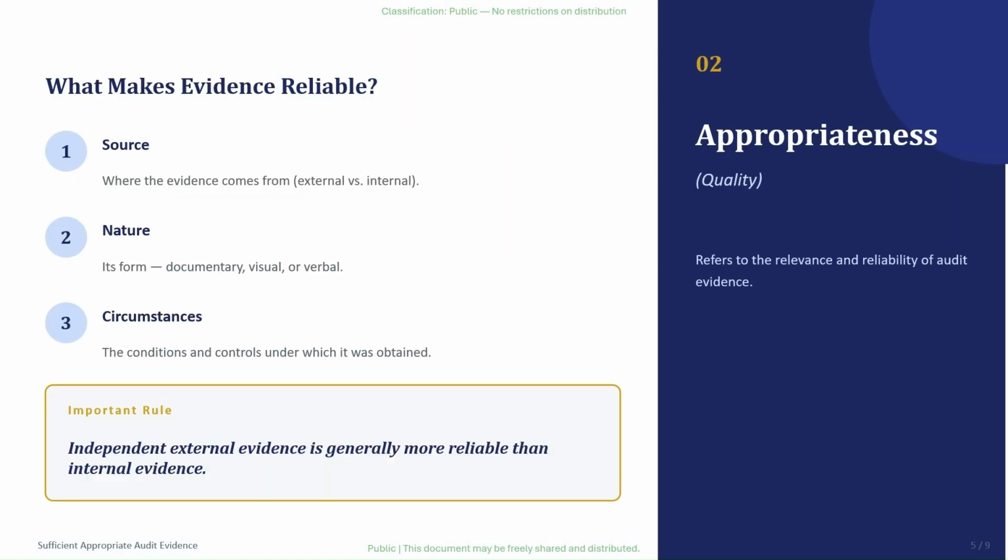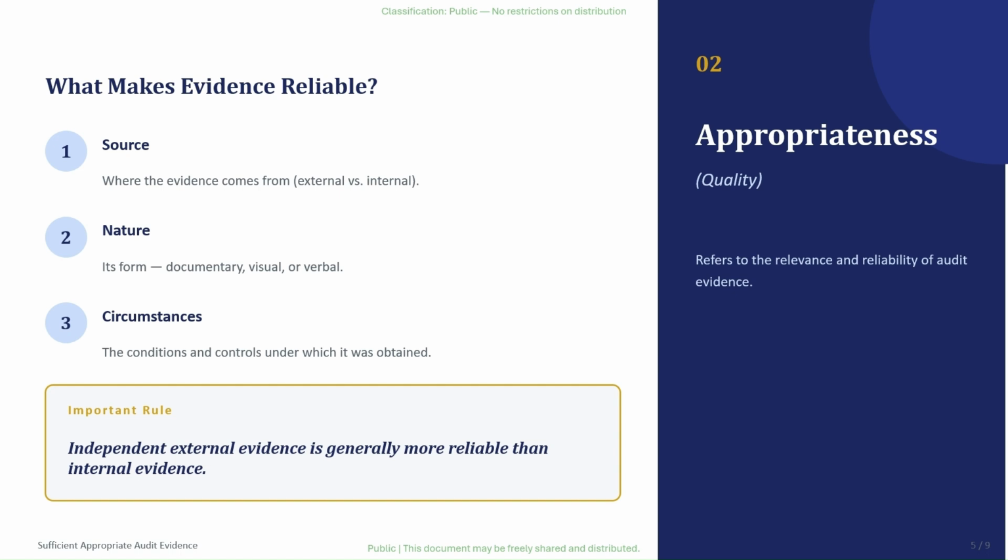Now let's turn to appropriateness, the quality side. Appropriateness covers two things: relevance, meaning does the evidence actually address what we are testing, and reliability, meaning can we trust it?